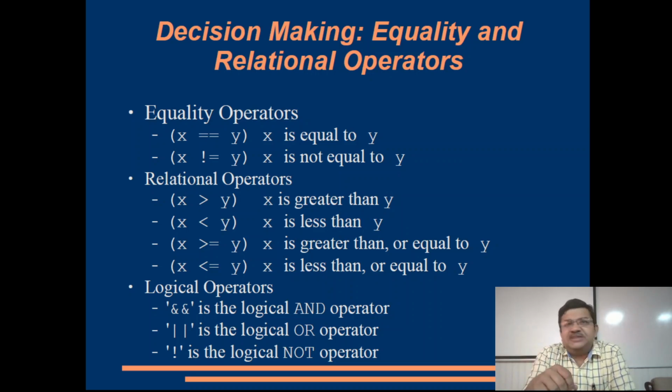So decision making is essentially evaluating true or false. So you can test various conditions. One is the equality operator, whether x is equal to y. So these are two equal signs. So that is the equality operator.